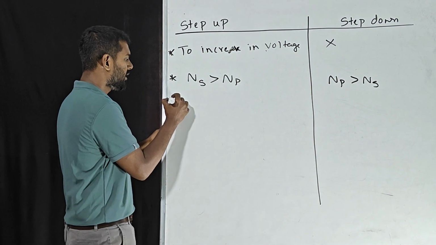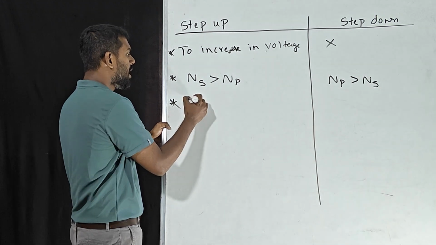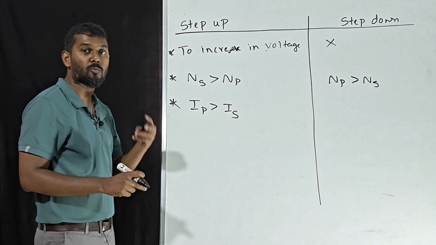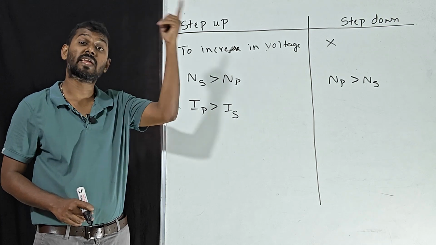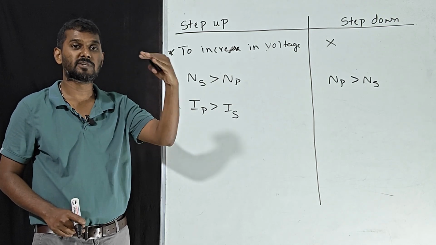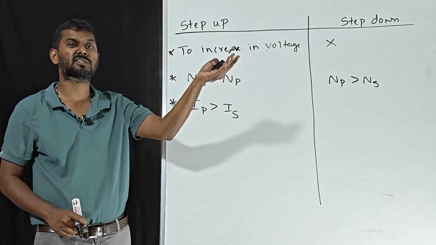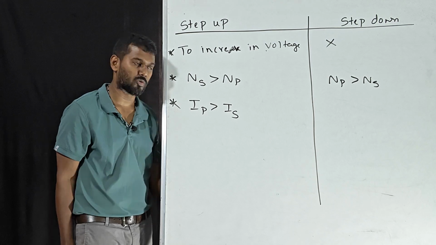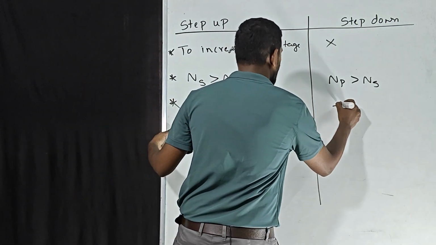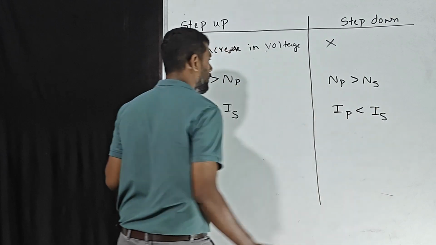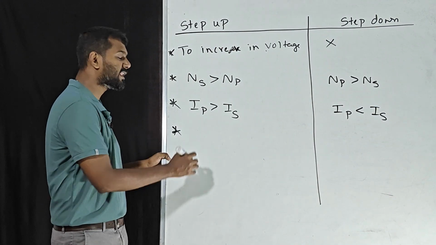Next, we know in a step up transformer, Ip is greater than Is, because voltage at secondary is more, but voltage and current are inversely proportional, correct? If voltage is more at secondary, current will be less. That means at primary current is more. Then this is exactly opposite. Next, you can go for thickness of the wire.